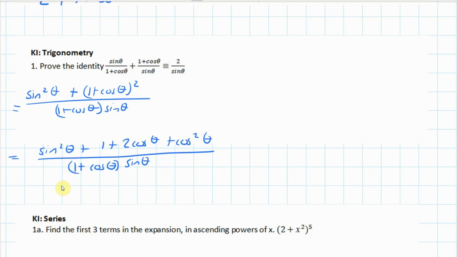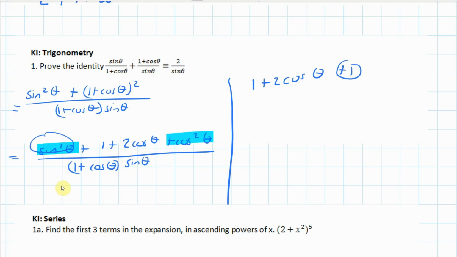Now I'm sure you can see what's going on here, because this plus this is 1, so our next line is going to be 1 plus, is that right? Yeah, 2 cosine theta. Plus 1, so this plus 1 here is this and this, isn't it? So we end up with, instead of plus 1, I guess we could make this into a 2 and just get rid of that one there.